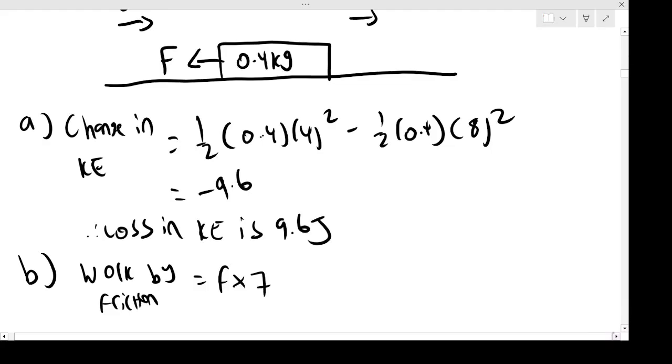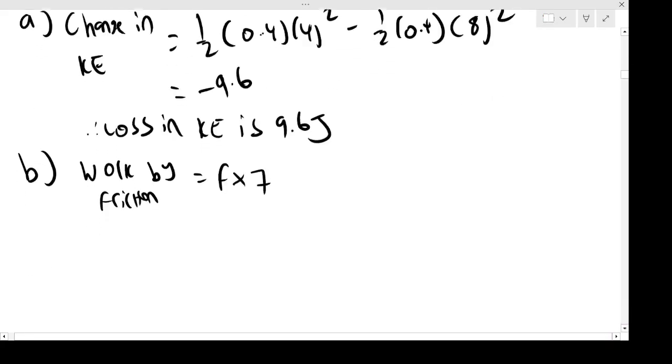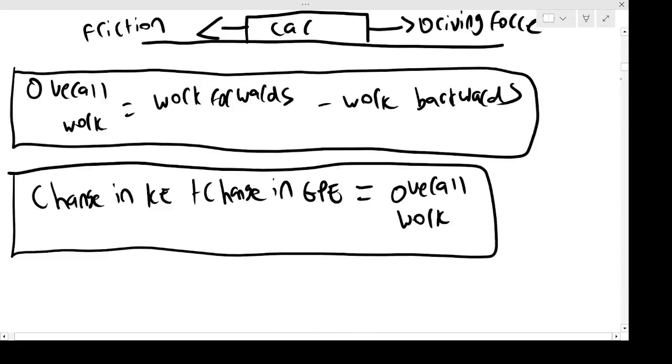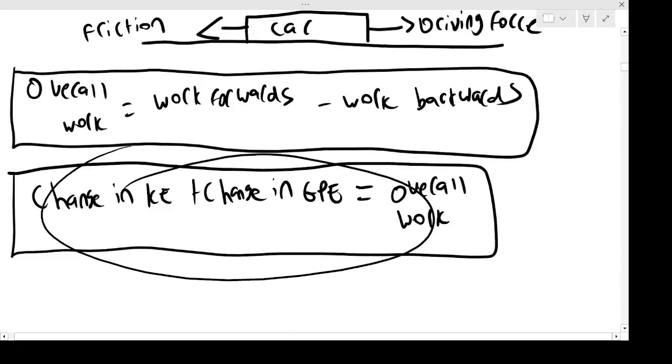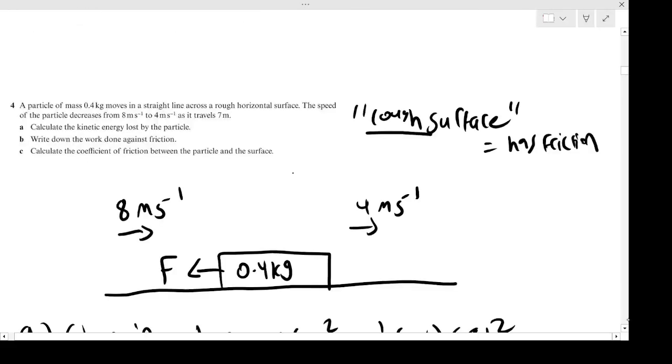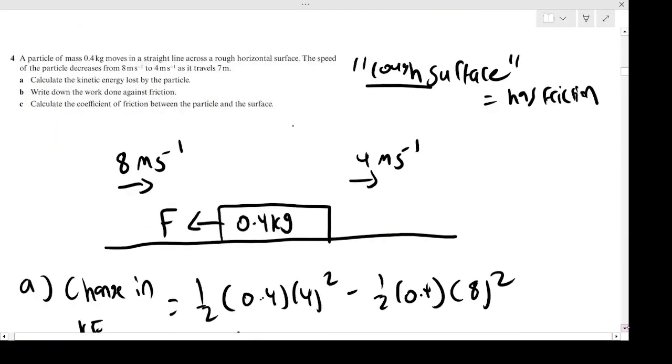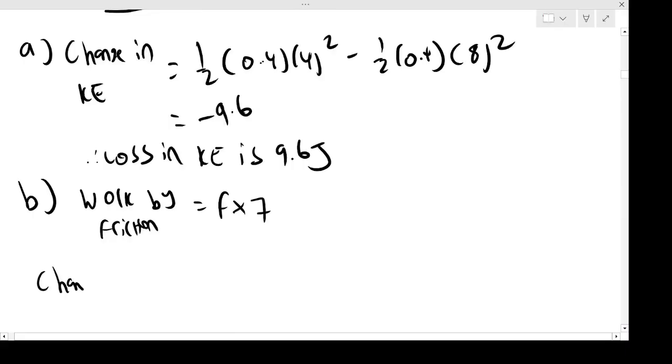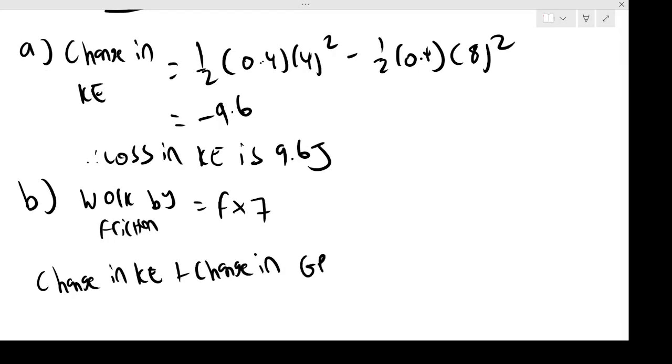But this is where we can use the work energy principle. If we look at this formula, the change in kinetic energy and the change in GPE has to equal the overall work.